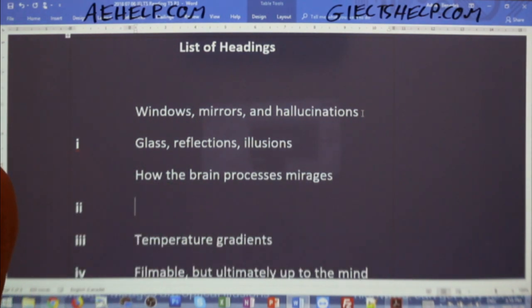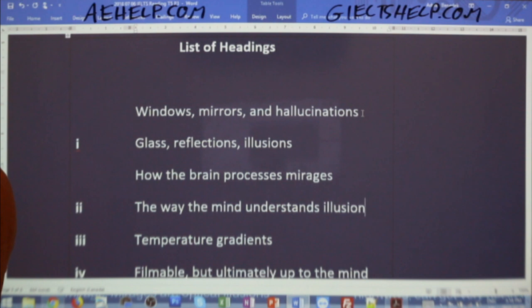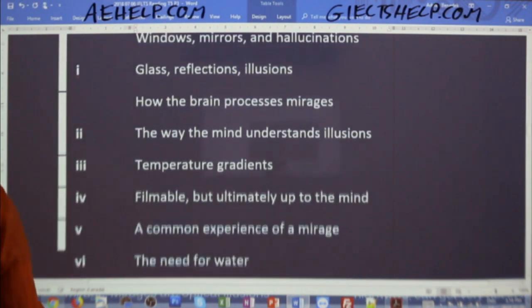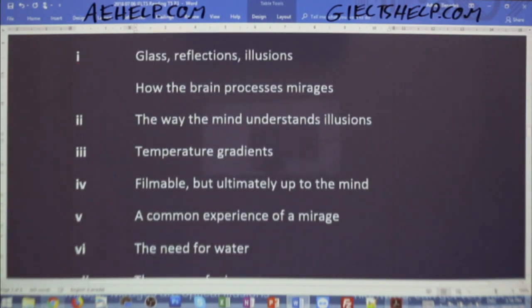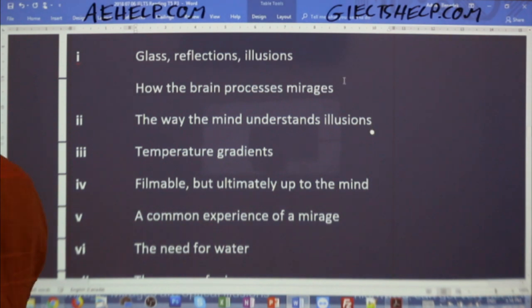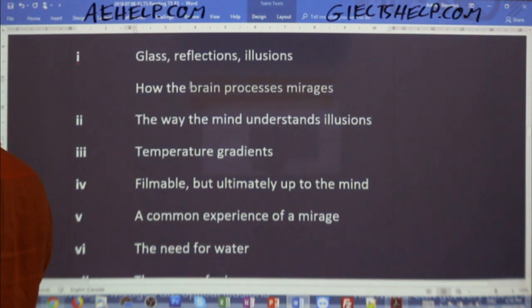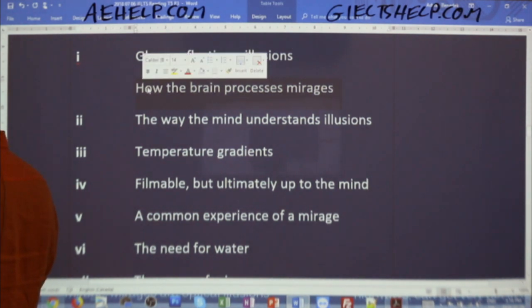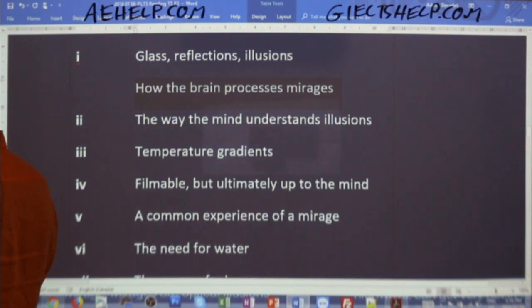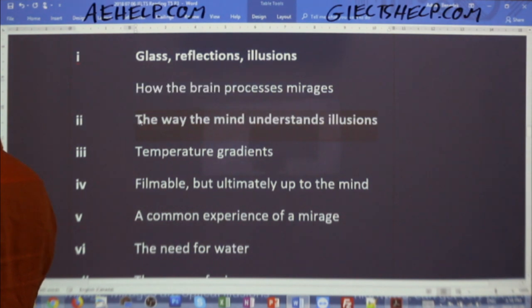The way the mind understands illusions, okay? So that's a way to paraphrase it. Let me bold the paraphrased parts here for you so you can see what is paraphrased and what is the original, okay? So this is what you want to do. You want to basically paraphrase your choices so you train your brain to focus on the paraphrasing, okay?